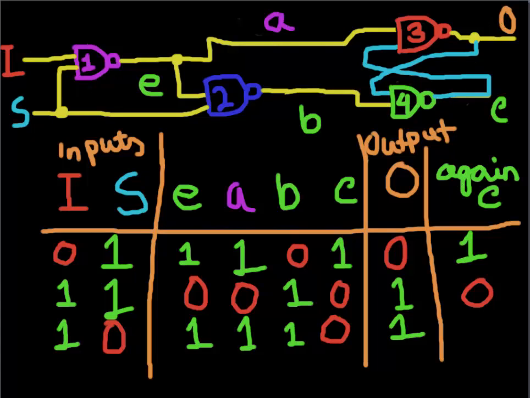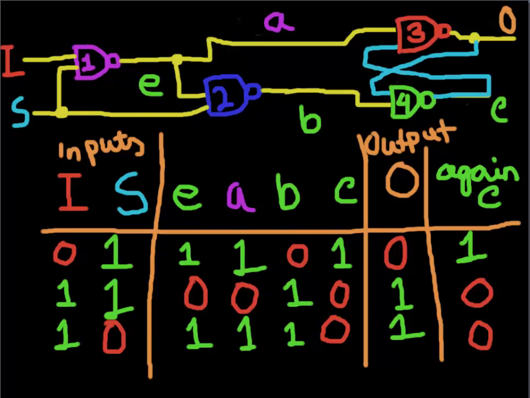Output O is still on, so it didn't change. If it was previously 1, it will still be 1, and again C will become off because both input from logic gate 3 and logic gate 4 are 1, so it will keep remaining 0.